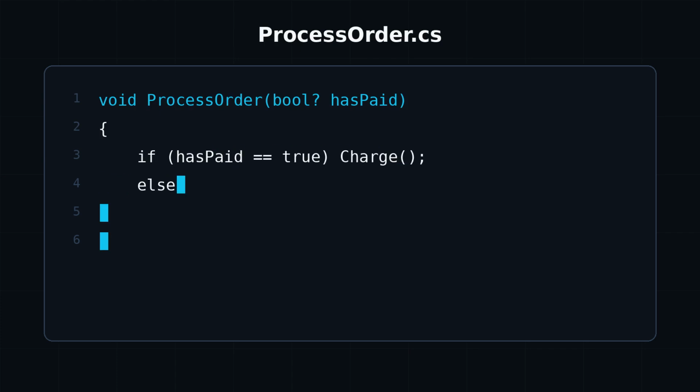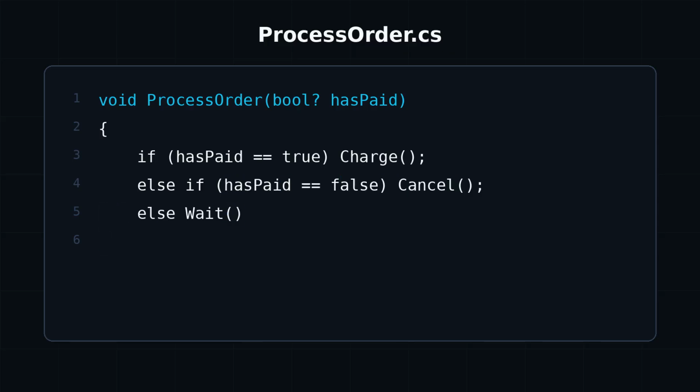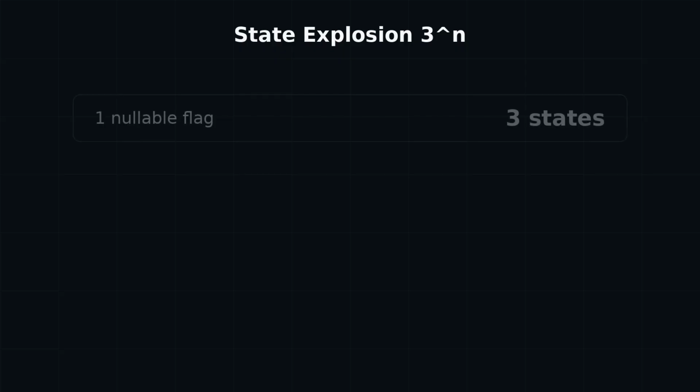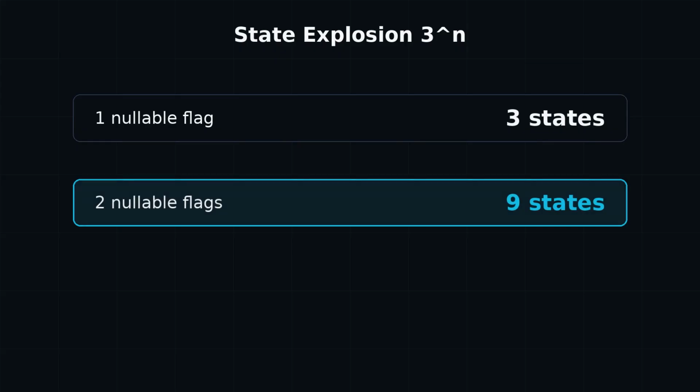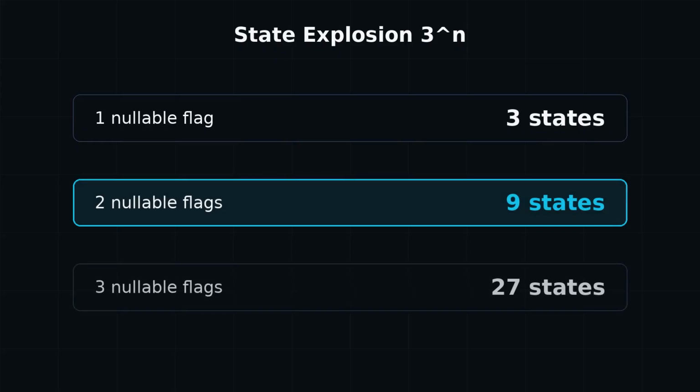If true, charge the customer; if false, cancel the order; if null, wait for payment. This is a state machine with transitions: waiting, paid, or cancelled. But the code likely hides those states behind a series of if-else checks without an explicit model. Hoare's null references, the billion-dollar mistake, force the same kind of defensive code, but here the null is used as a legitimate business value, not just an absence.